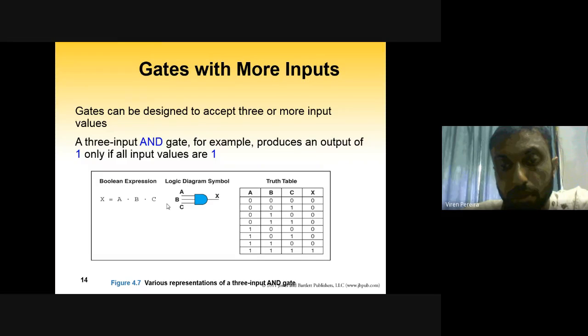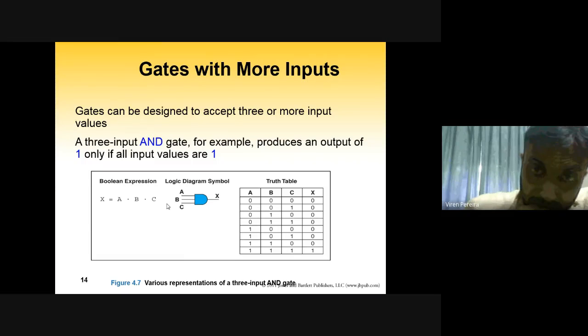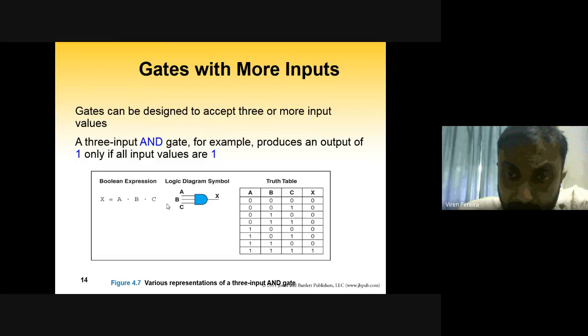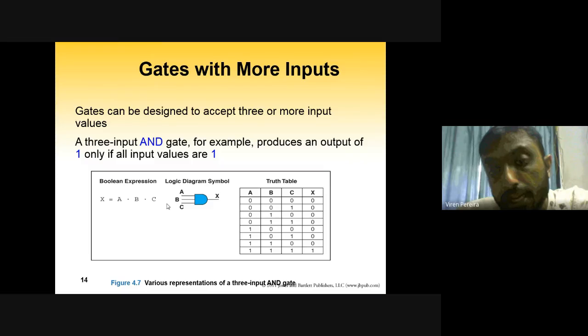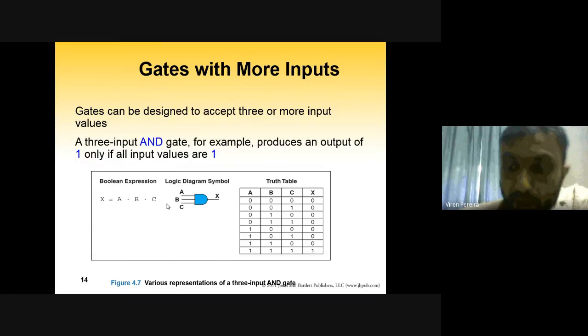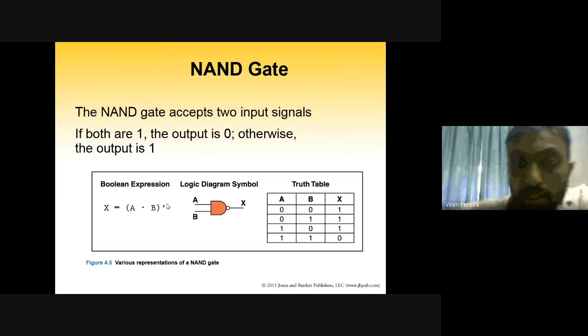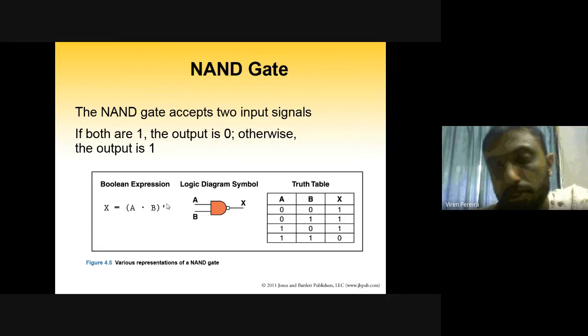So this is how you can write it. For 3 inputs, you will get how many outputs? 1, 2, 3, 4, 5, 6, 7, 8. So you will get 8 outputs for 3 inputs. In the same way, for 2 inputs, you will get 4 outputs.